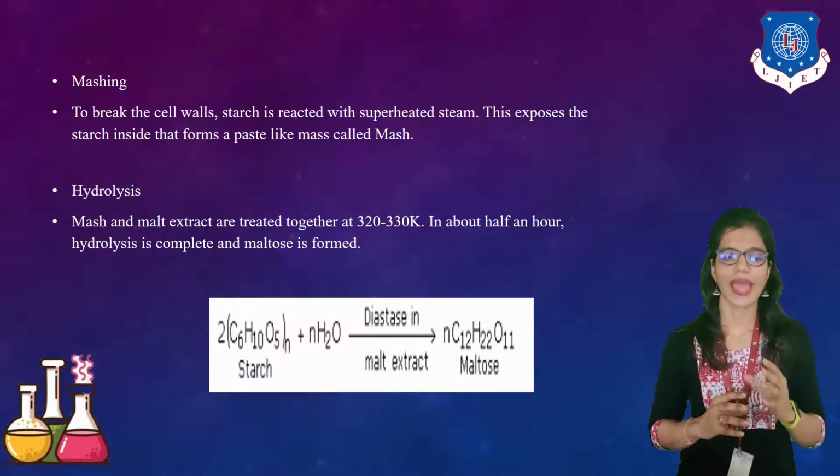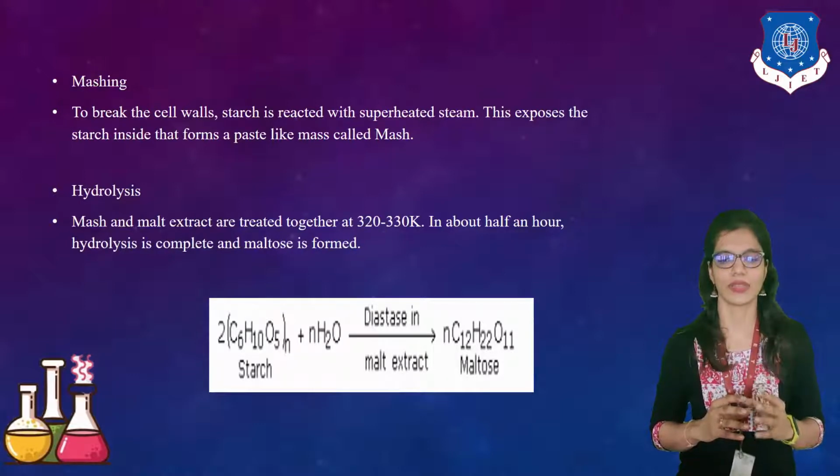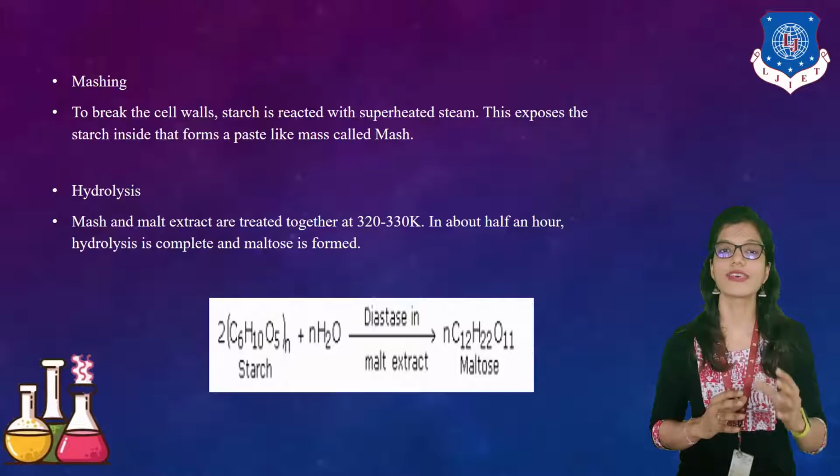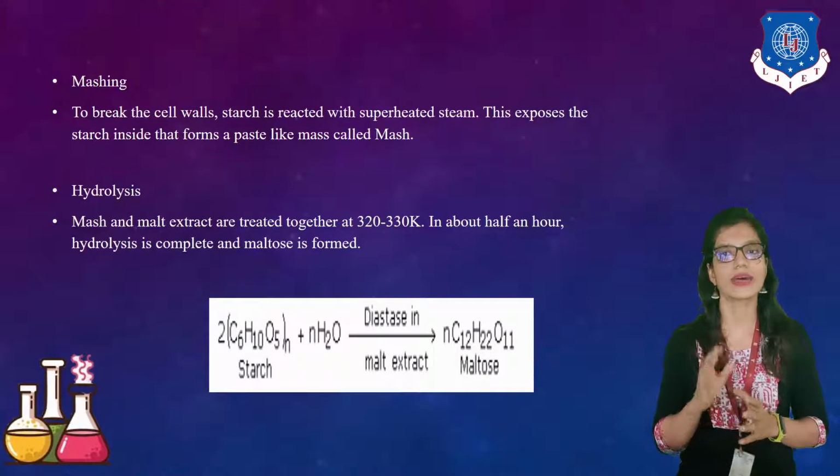Mash and malt extract are treated together at 320 to 330 Kelvin. In about half an hour, hydrolysis is completed and maltose is formed. So these are the steps with which we can form ethanol from starch.